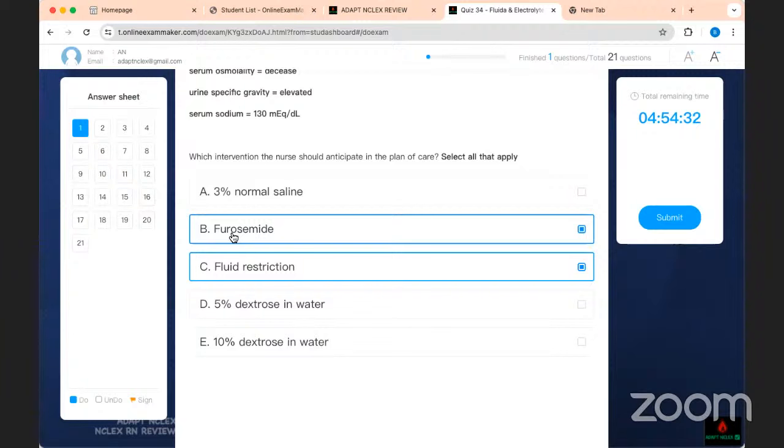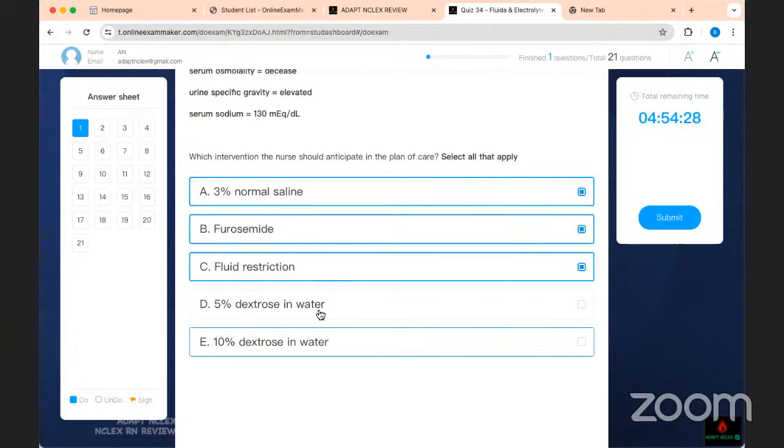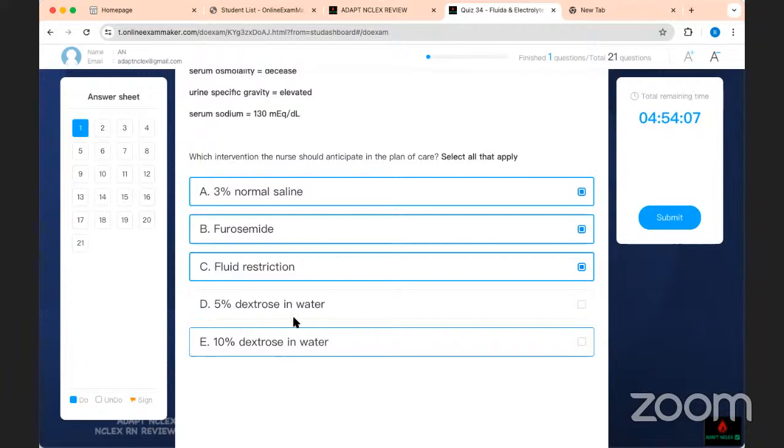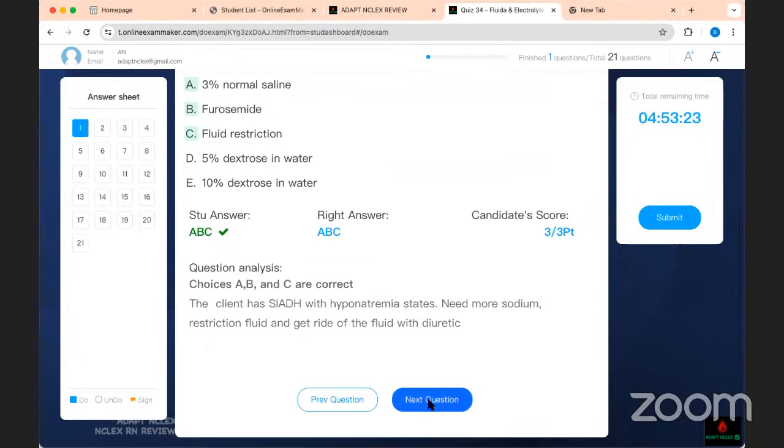Patient fluid overloaded, but his sodium is low, we give them 3%. You should not give them any fluid less than 1%. 5% dextrose in water is going to make the sodium go low. 10% dextrose is also going to dilute the sodium. So that's why these three are not part of it.